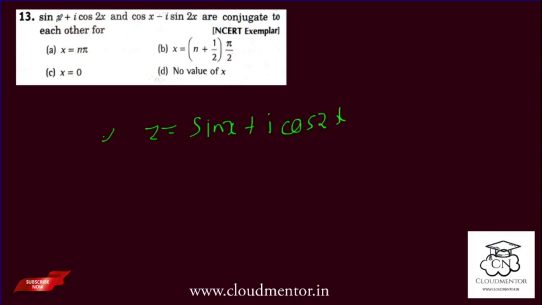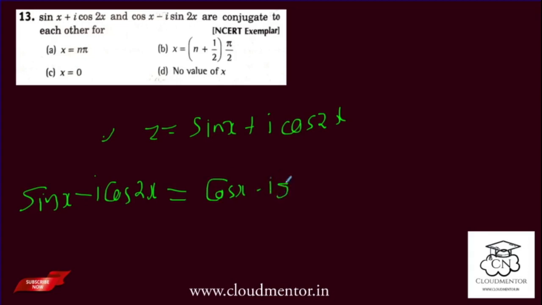So that means we can also write the conjugate of sin x plus i cos 2x, changing the sign, as sin x minus i cos 2x, and that must be equal to the other conjugate, that is cos x minus i sin 2x. It is given there.